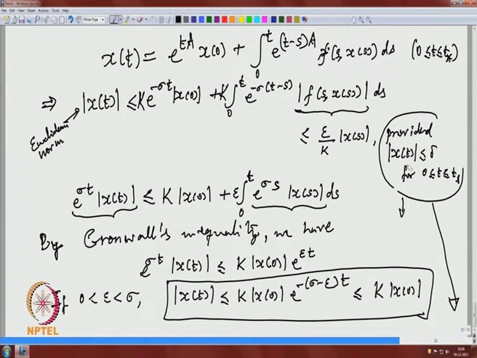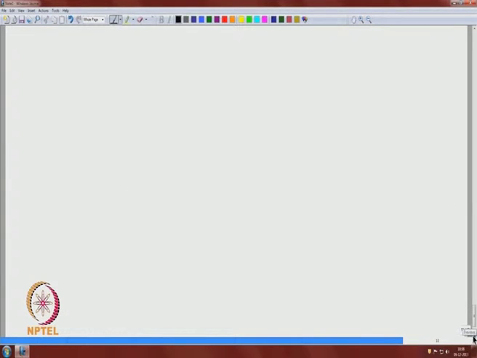Okay. And now that is easy. So, now the hypothesis comes into the picture. Therefore, if mod x 0 is less than or equal to delta by k, this is the smallness assumption that is indicated in the theorem.